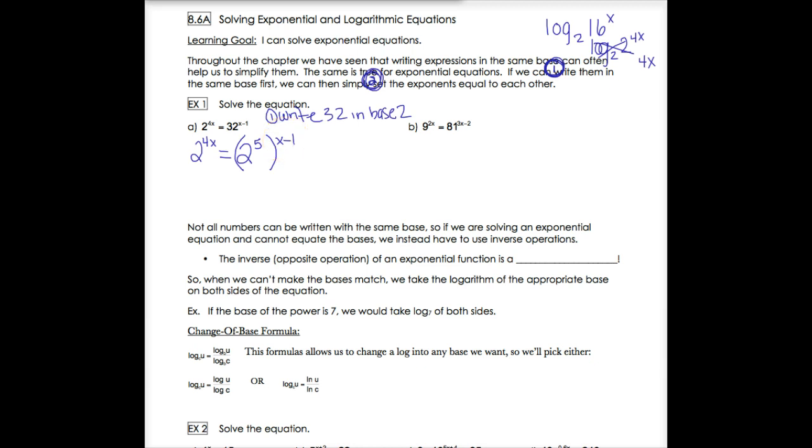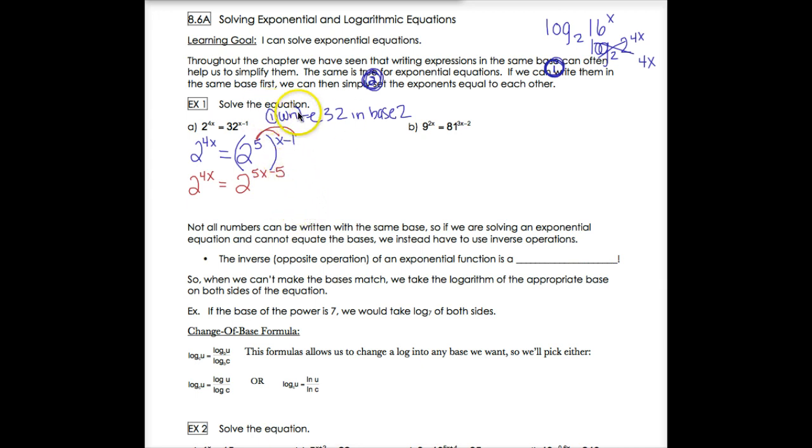Now this is power of a power, so I need to multiply the exponents. Remember, when you are multiplying 5 times x minus 1, you have to distribute it. So 5 times the x and 5 times the negative 1. So 2 to the 4x equals 2 to the 5x minus 5.